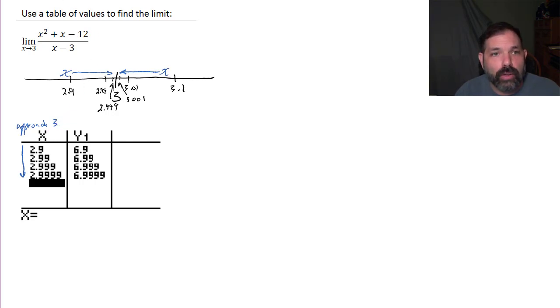What's happening to my y values? As the x values are approaching 3, the y values appear to be approaching 7. Now, we're not done though. We have to check the other side.